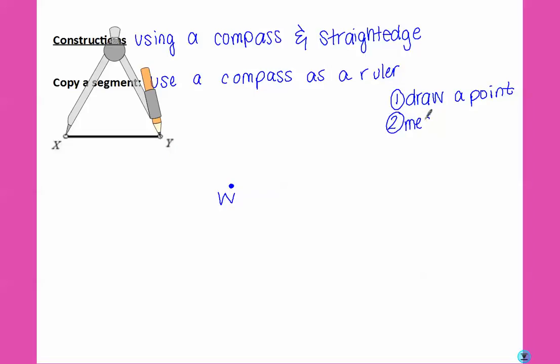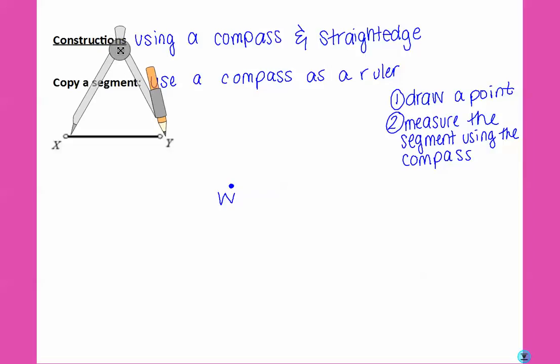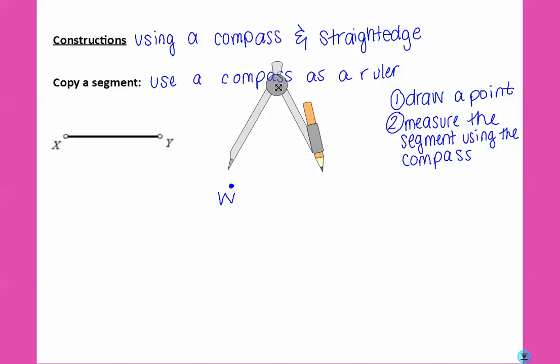So measure the segment using the compass. I'm now going to move this, and I'm going to take my middle pointy part and put it on the point that I drew. I'll then take my pencil and draw an arc.